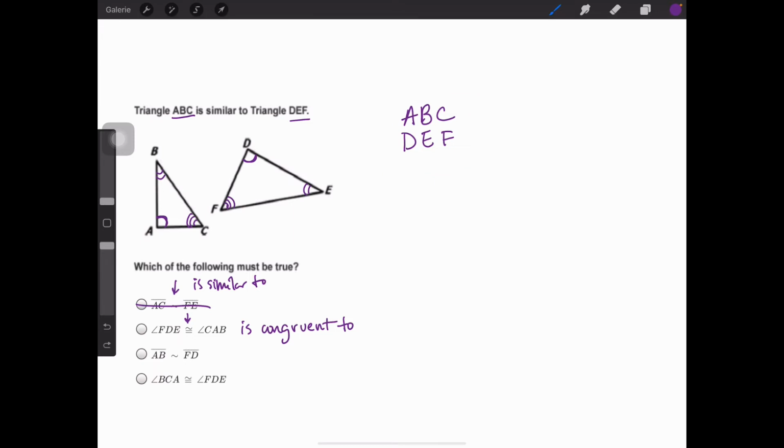My letter key tells me that F is the last letter, D is the first, and then E is the middle. So we're starting at the end, going to the beginning, and going to the middle. And I'm going to draw an arrow to show me that direction. To be congruent, I would have to start at the end, go to the beginning, and then go to the middle. Let's check if that's how it named it.